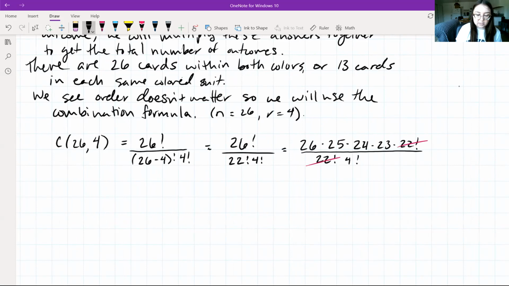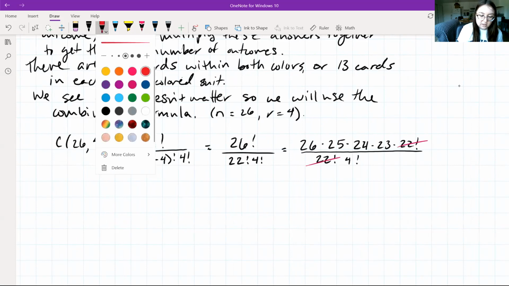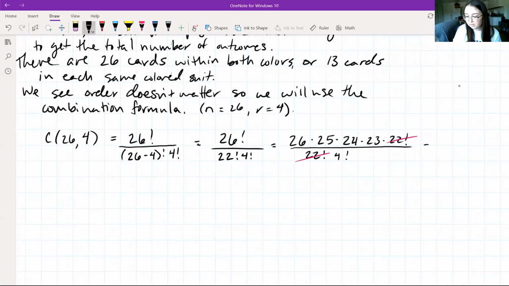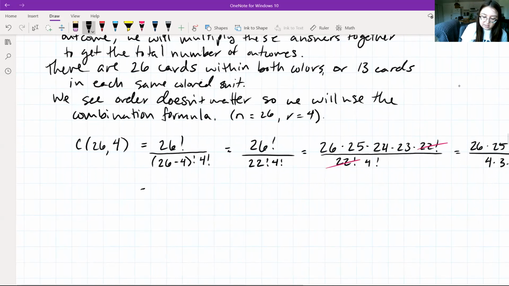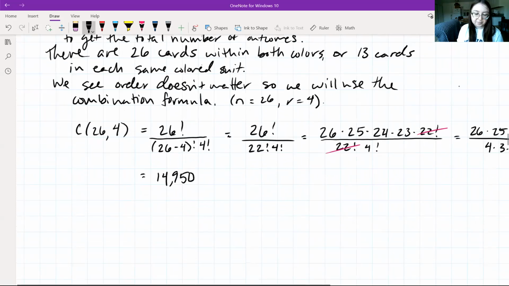We can cancel our 22 factorials, and we end up with 26 times 25 times 24 times 23, divided by 4 times 3 times 2 times 1. Then we see that this value is going to be 14,950. So 14,950 different combinations of picking 4 black cards.